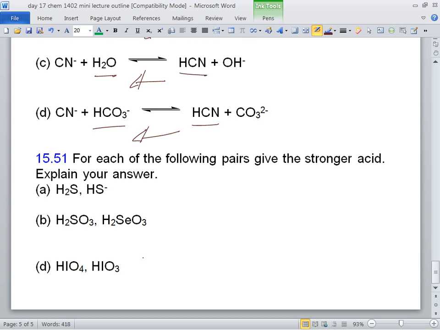For each of the following pairs, circle the stronger one. And you're supposed to explain.